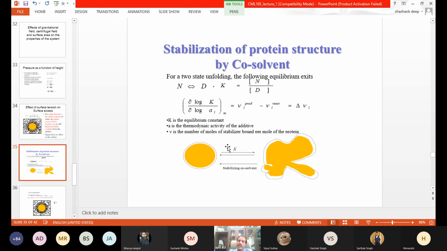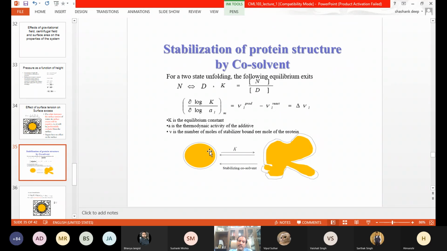And the opposite is true: if something is excluded from this, it will also be excluded from this, and since the product has more surface area, the exclusion will be more on the product side, so the reaction will move towards the reactant side, which is the folded protein, and so the protein gets stabilized. Is it okay?